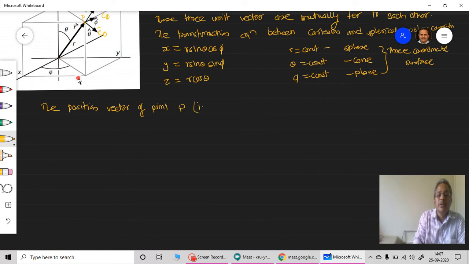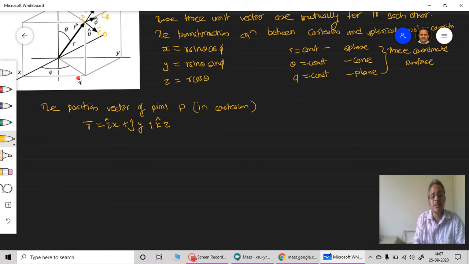We are writing this in Cartesian, and then we are transforming this into polar using these transformation equations. In Cartesian, r bar is equal to i cap x plus j cap y plus k cap z.